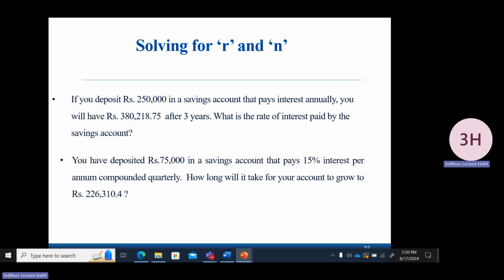Oh, that's all. So the normal square root key is fine. We shift this one. Now find the 1.52, then 3. Like this way you have to take it.